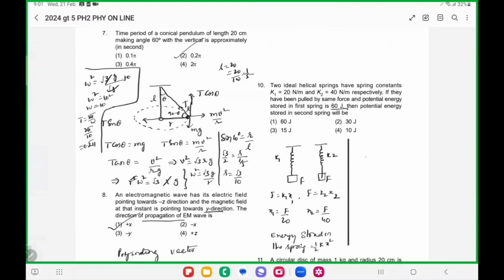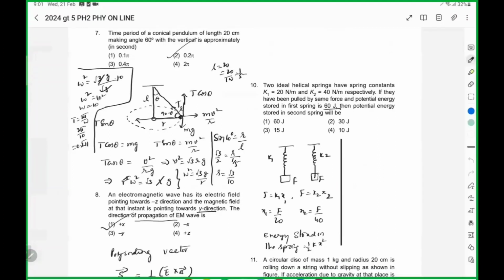I'm writing it like this, which is F square by 2k. So in case of the first spring, the energy stored is 60. So F square here is 120 into K1, that is 2400 newtons.